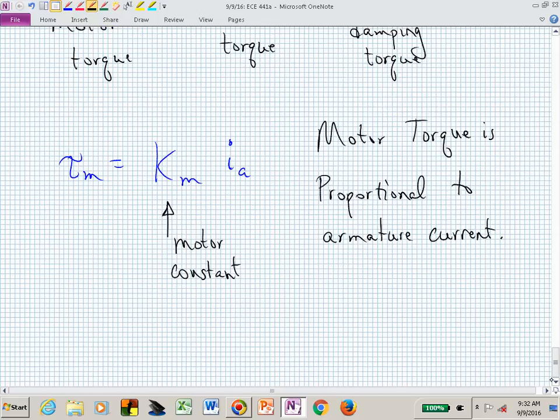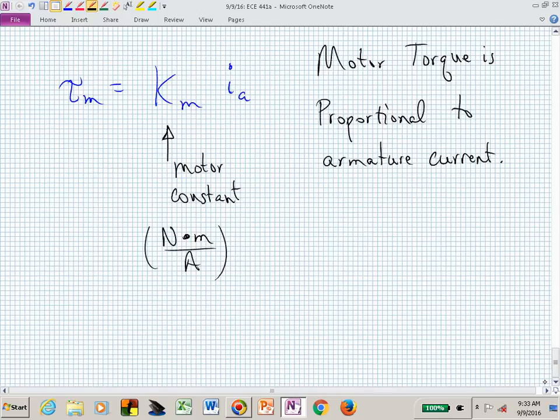What are the dimensions of that motor constant? Do you remember what the units on torque are? Newton meters. So the motor constant has units of Newton meters per ampere, so that when you scale it by the armature current in amperes, you get torque, in Newton meters.